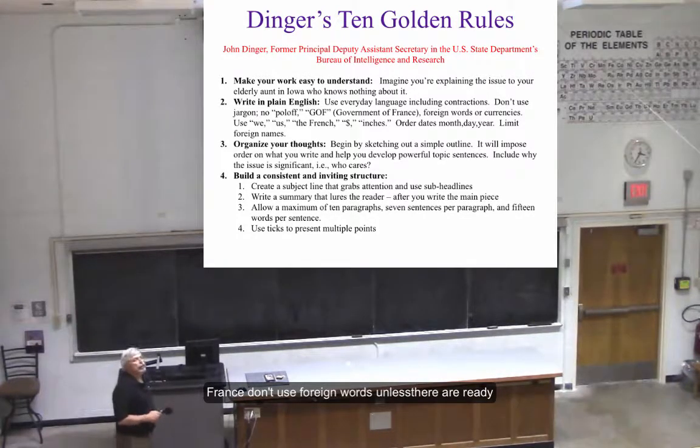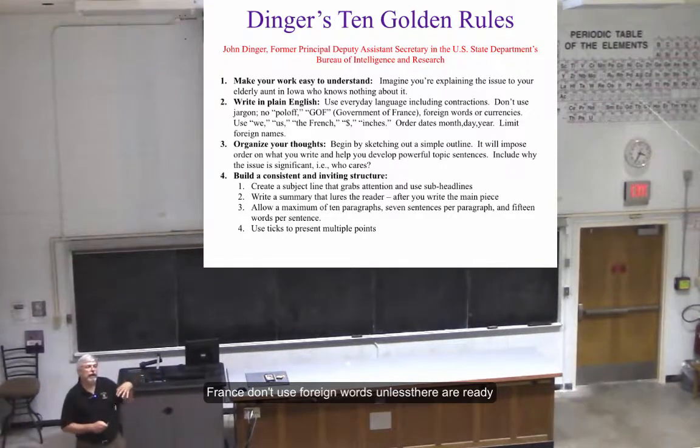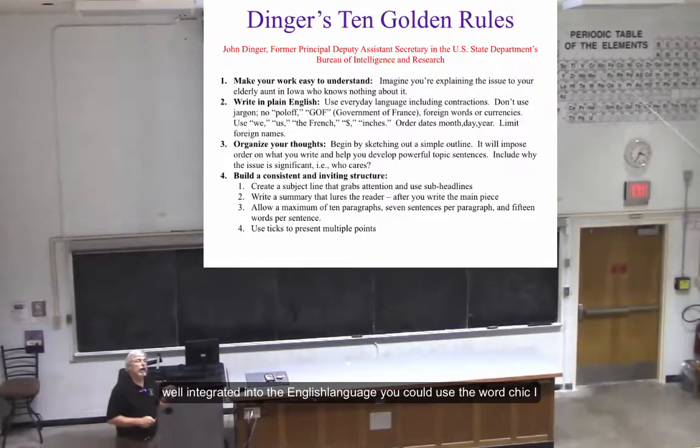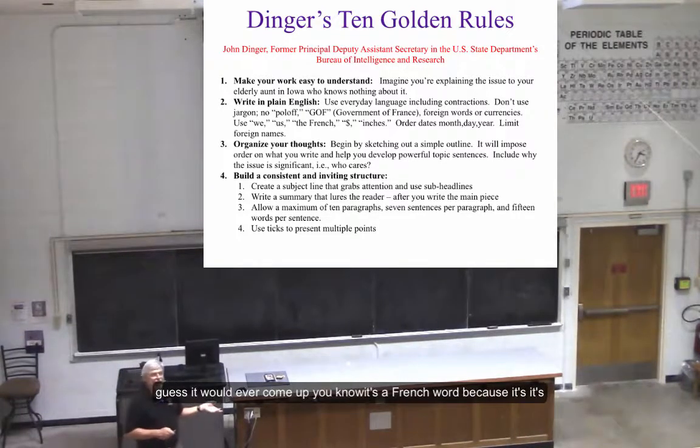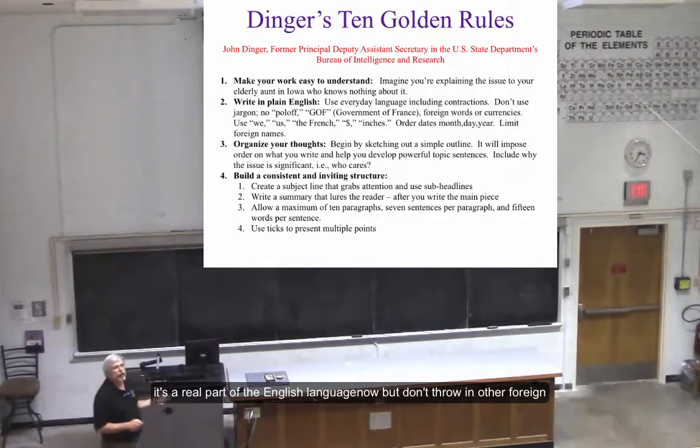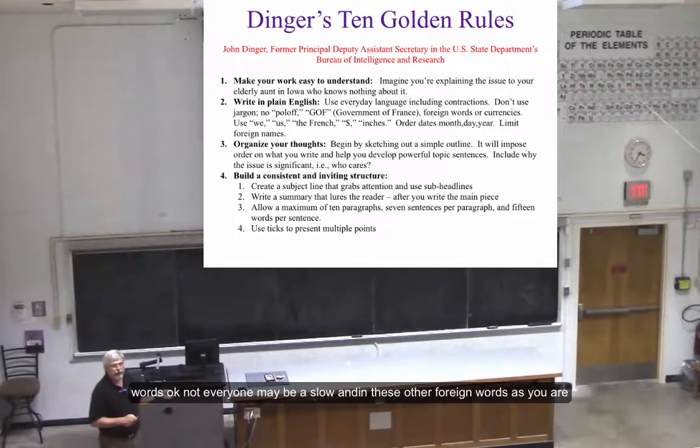Don't use foreign words unless they're already well integrated into the English language. You could use the word chic, I guess, if it would ever come up, even though it's a French word, because it's a real part of the English language now. But don't throw in other foreign words, okay? Not everyone may be as fluent in these other foreign words as you are.